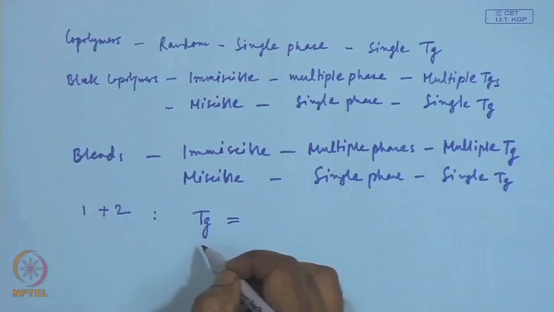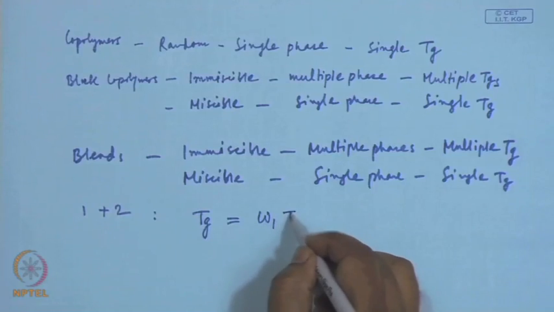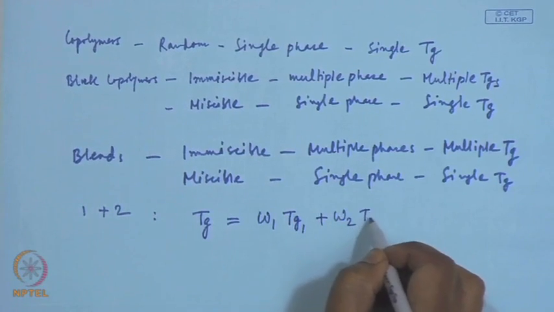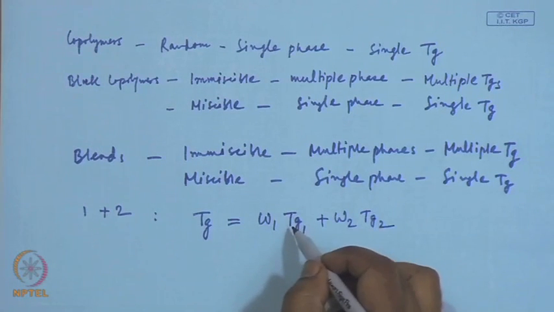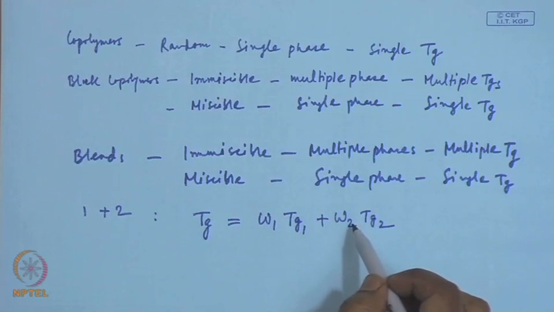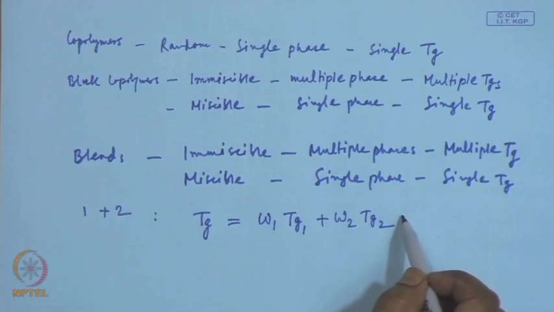This Tg is for the resulting copolymer or the miscible blend, which is given by W1 Tg1 plus W2 Tg2. Tg1 is the Tg for component 1, W1 is the weight fraction. Similarly, W2 is the weight fraction for component 2 and Tg2 is the Tg for the second component.